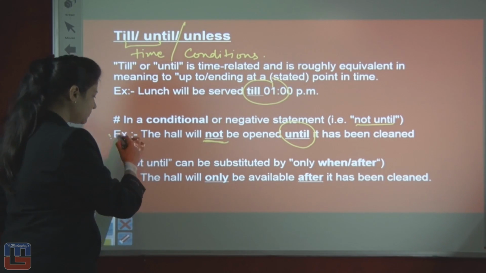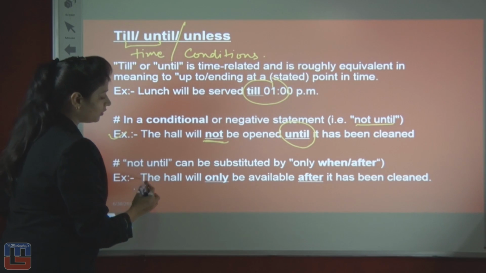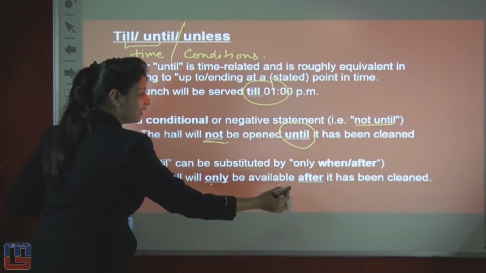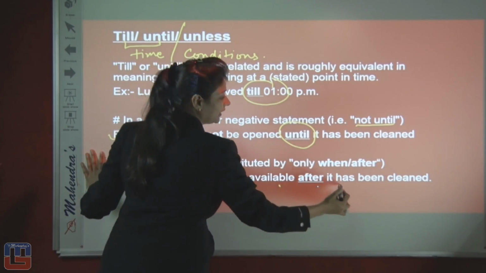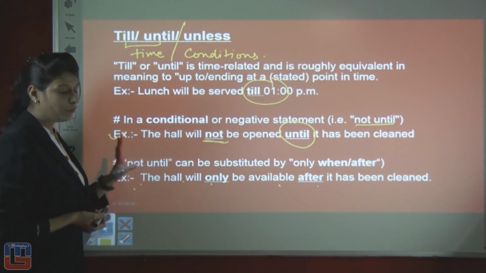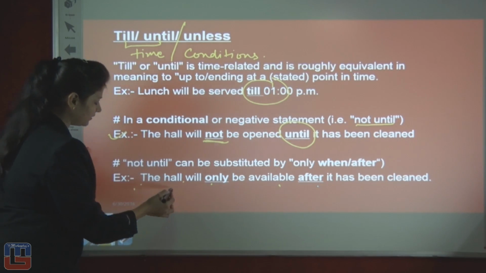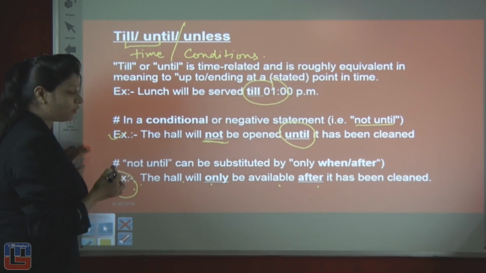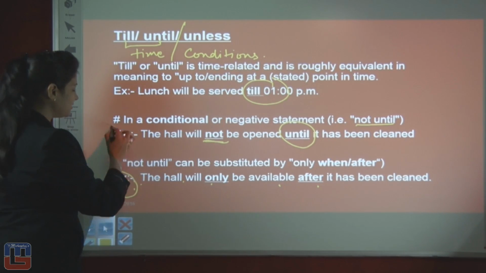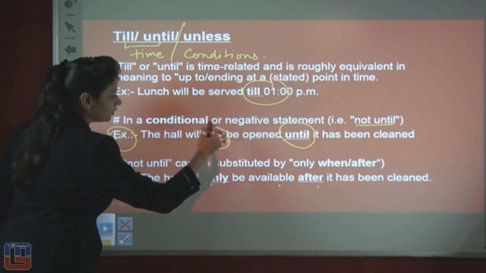So you can make the same sentence with this expression, the hall will only be available after or when it has been cleaned. Both the sentences mean the same thing, just the expression has been changed. In this sentence you can see no negative word has been used, while in this sentence I am using the word not.